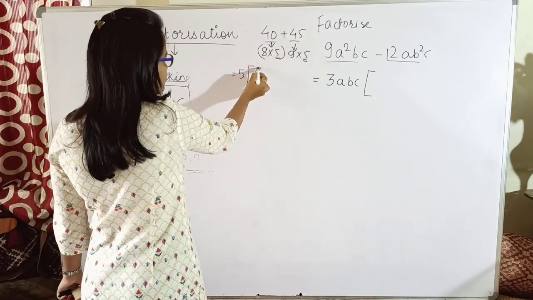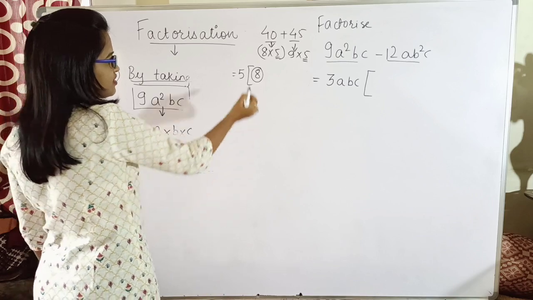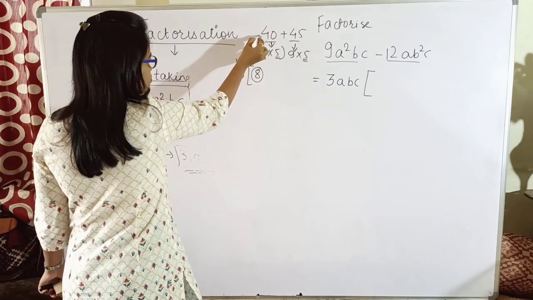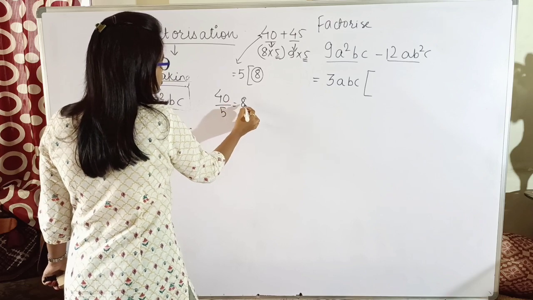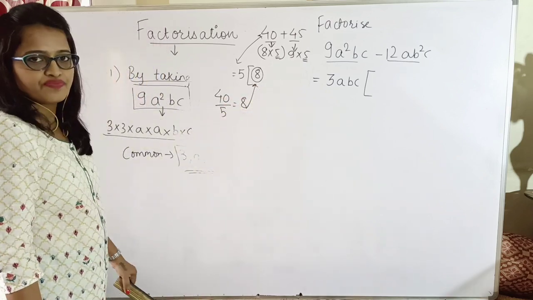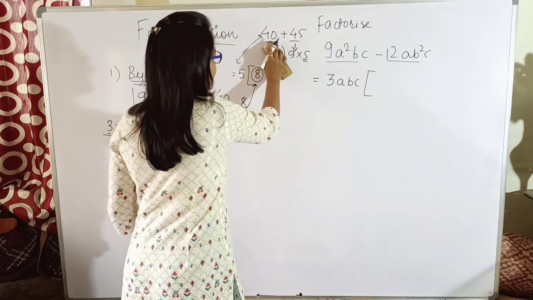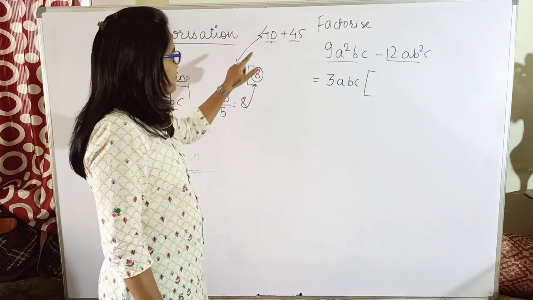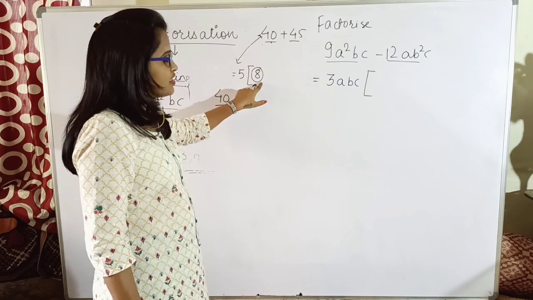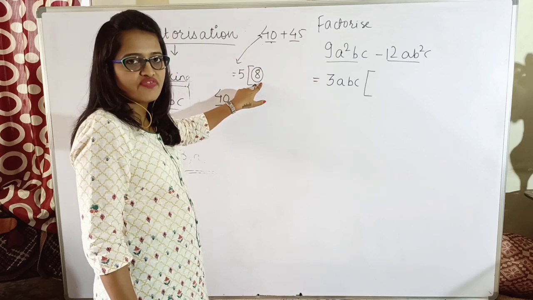But what if I have to find what number I have to write inside? How will I do it? Considering these two numbers, if I divide 40 by 5, whatever is the quotient, that comes inside the bracket. Okay, instead of writing it like this, suppose I had written only 40 plus 45 and I have taken 5 common. Now what will come here? The first number. How will I find it?